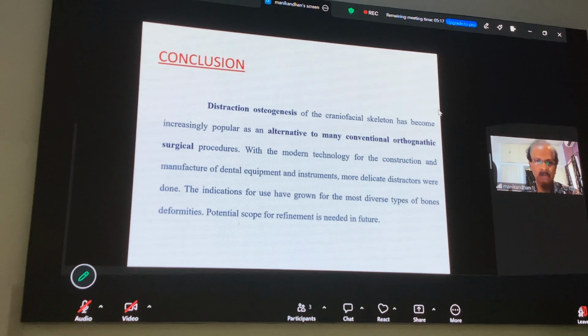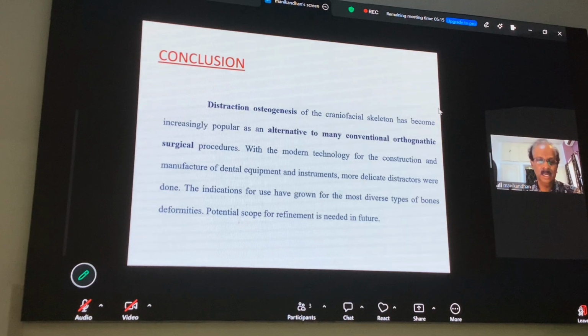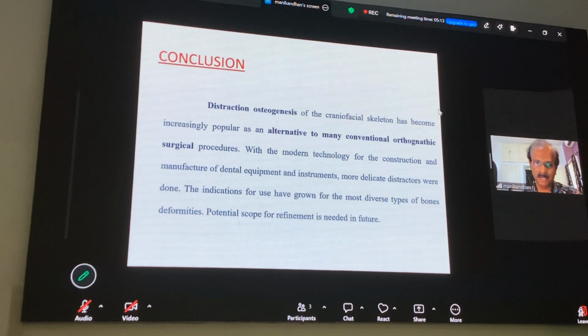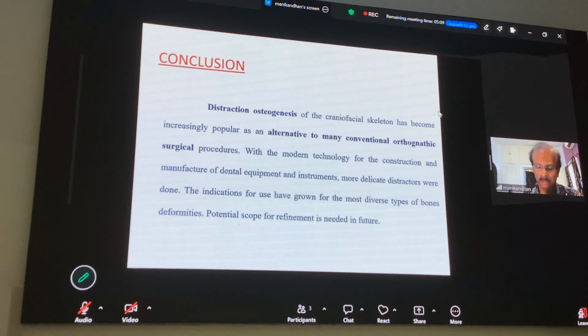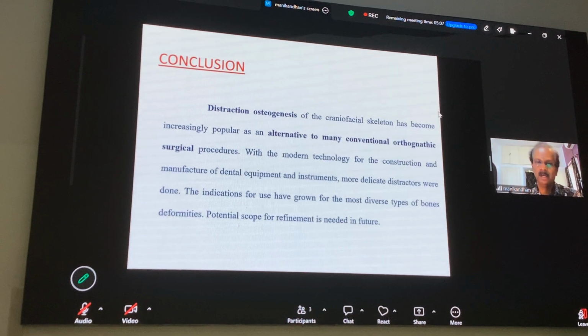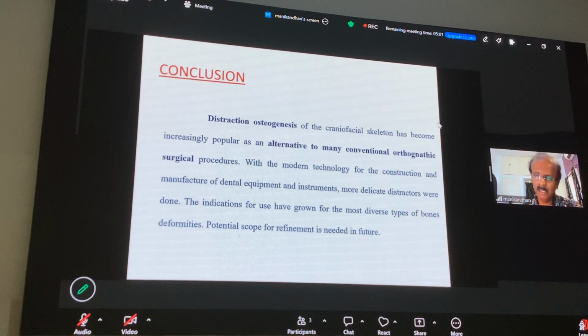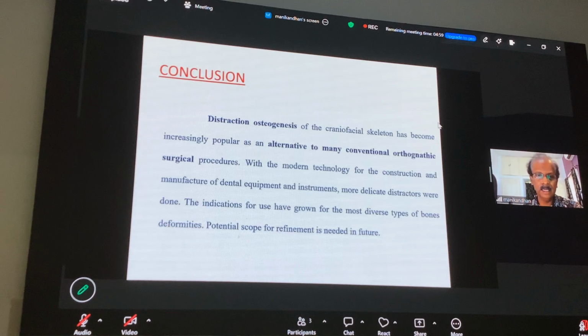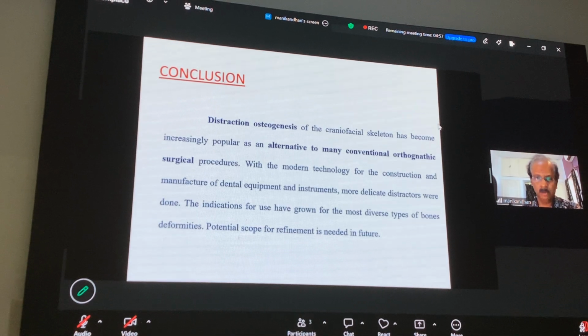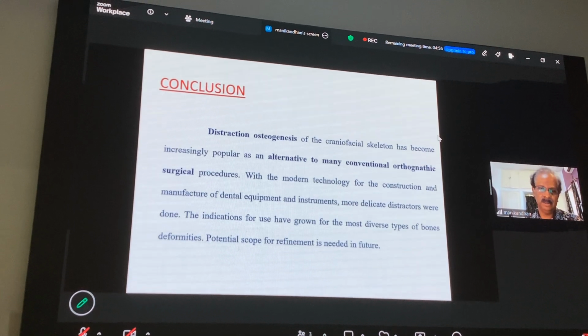This case I can achieve the result with conventional surgery, and this case probably I need a distraction. I have written an article in our own journal on the comparison between distraction and conventional therapy, starting in 2020. You have to go through it. You will get a lot of ideas on how to compare conventional therapy with distraction.